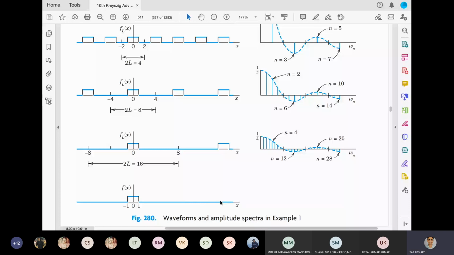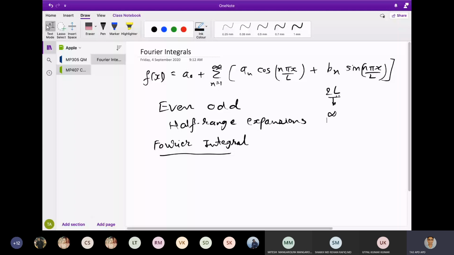And the purpose of this exercise is to see that when you are limiting your function f(x) between a certain interval, how we will represent this periodic function which is having an infinite period. Because we cannot use the Fourier series. Fourier series is only for finite periods, which we have like 2L or 2 pi, whatever. But what will it be if you take this period to be infinite?